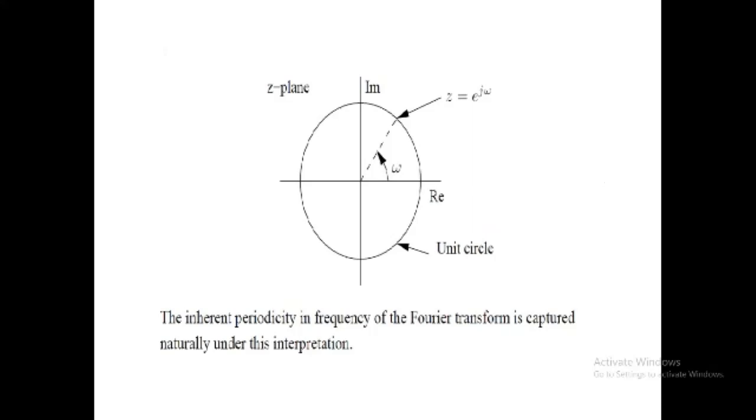Therefore, the Fourier transform corresponds to the Z transform evaluated on the unit circle. The inherent periodicity in frequency of the Fourier transform is captured naturally under this interpretation.